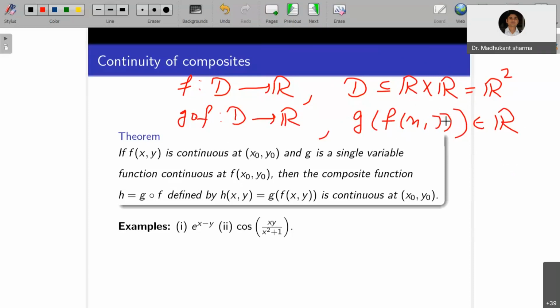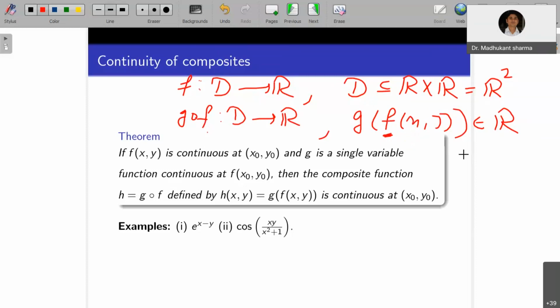So the domain of G is a subset of real numbers. Now you can understand: when you talk about composition function continuity, first the argument function, so G of F of (x, y), this will be treated as the argument.